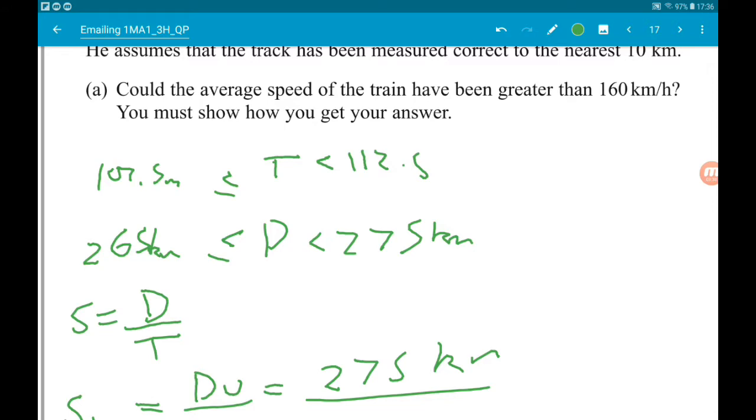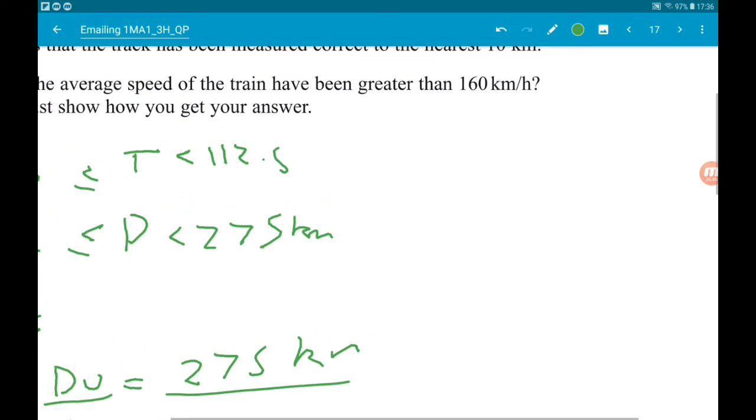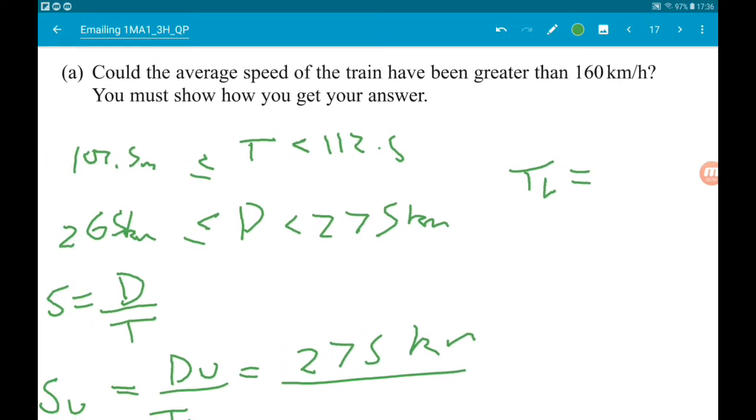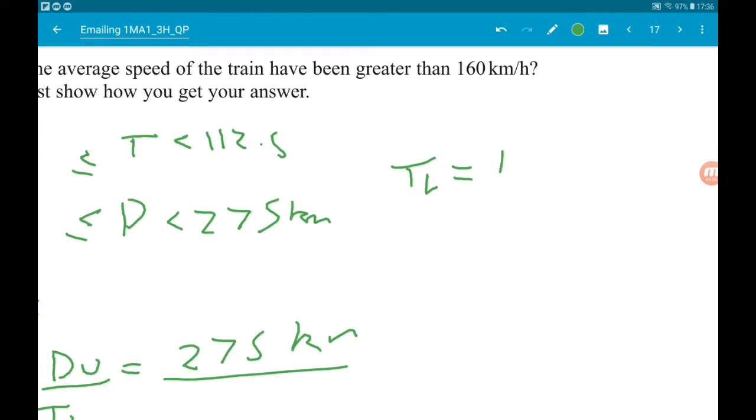So, the lower bound of the time is 107.5 divided by 60. And that gives us 1.79 hours.